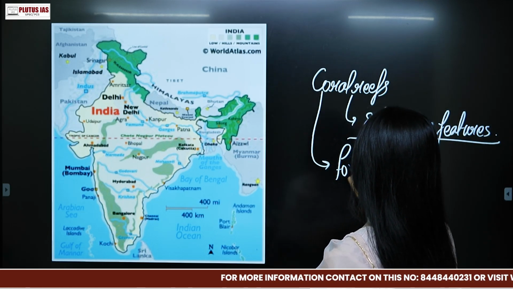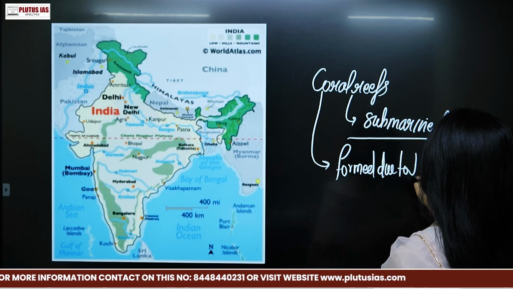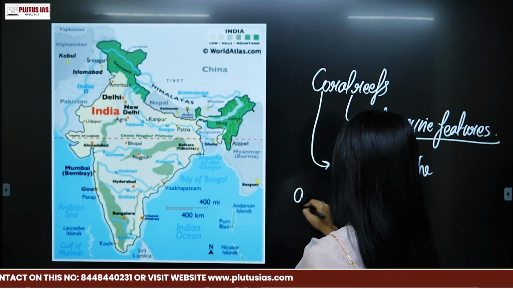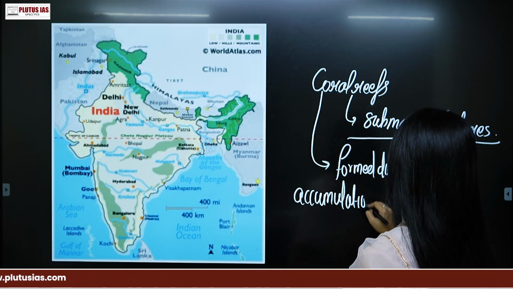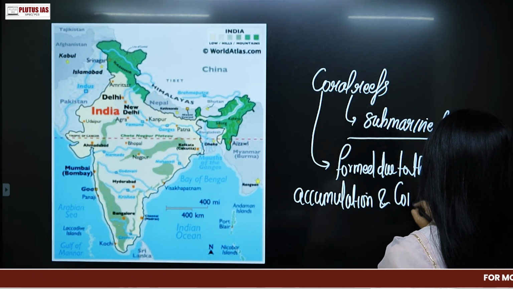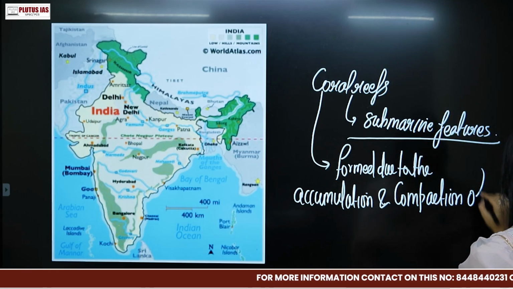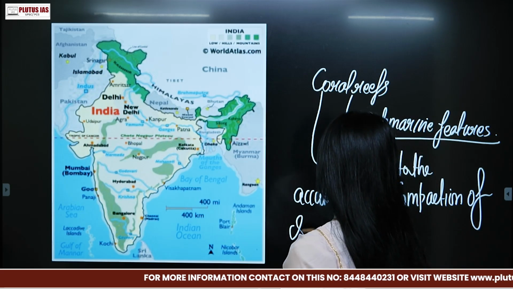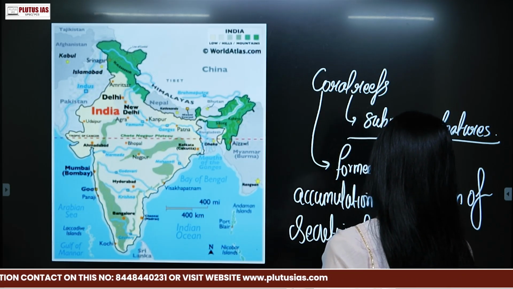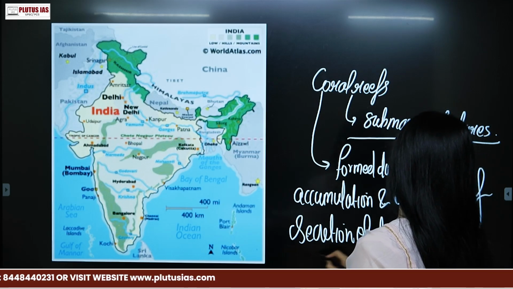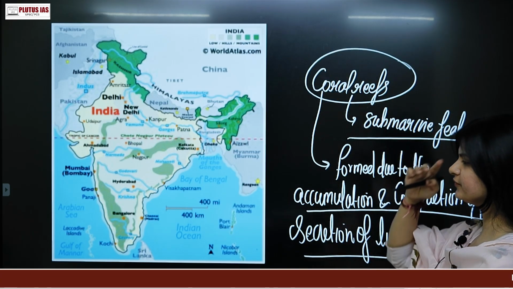They are formed due to the accumulation and compaction of the secretion of lime, right? So these are the coral reefs.